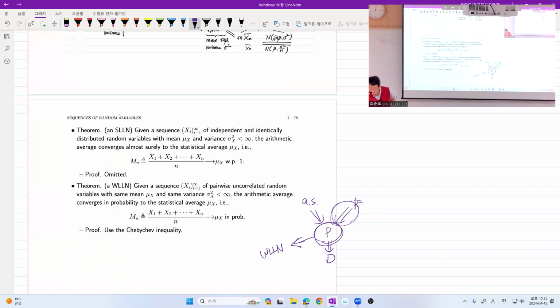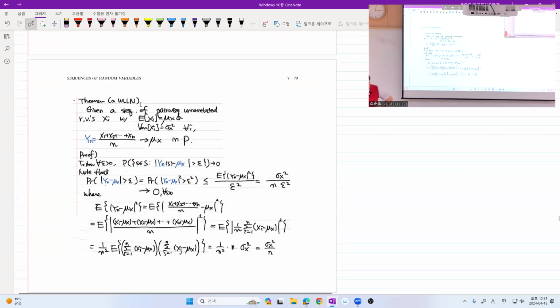So what we do is choose p equals 2 and prove that the arithmetic mean converges to the statistical mean in the second mean, because that implies convergence in measure. Here they talk about the Chebyshev inequality and something like that, because by using the Chebyshev inequality, you can link the second mean with the probability. Got it? Anyway, this is the proof.